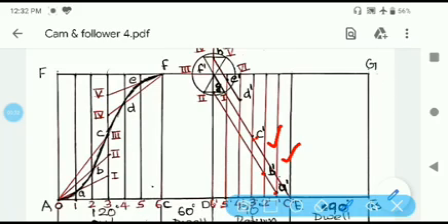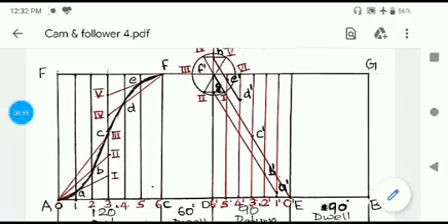Okay, so you label that point also. Similarly, the line from H will intersect the vertical line from 4 prime and 5 prime at D prime and E prime. So now you have got all the points.